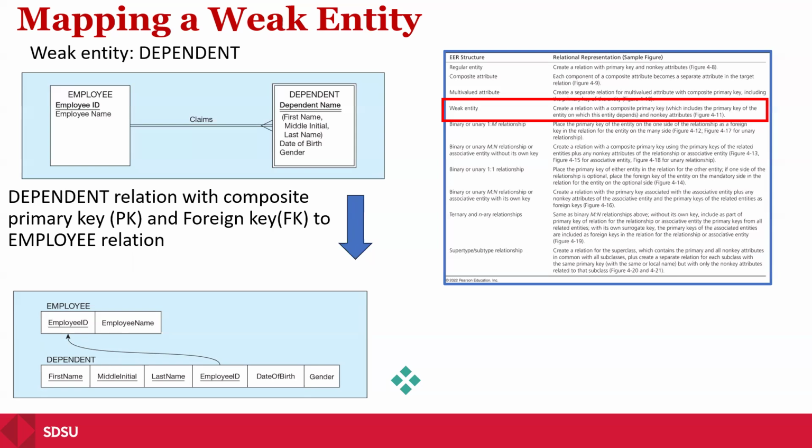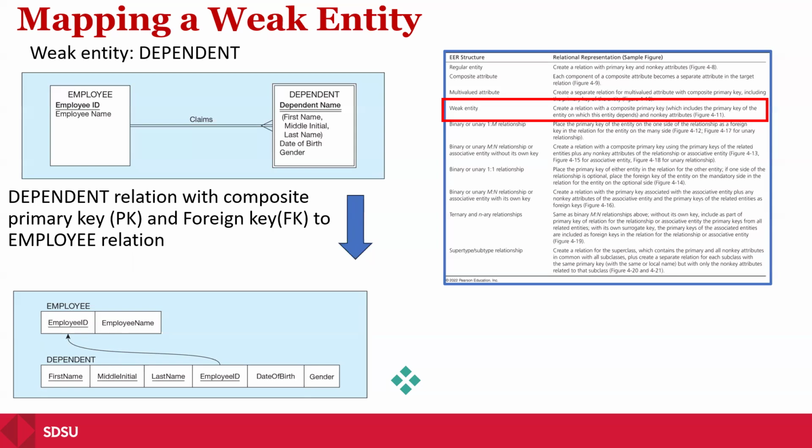And if we remember that for the composite attribute, we create a separate attribute for each component attribute of the composite attribute. And components will be, in our case, first name, middle initial, and last name.